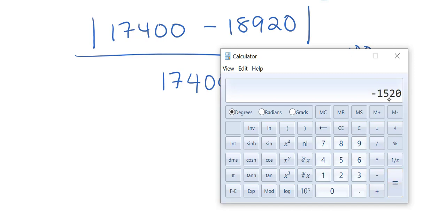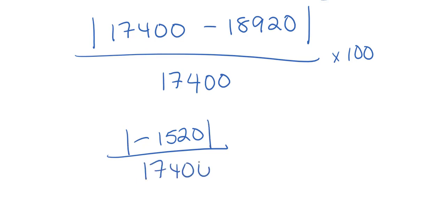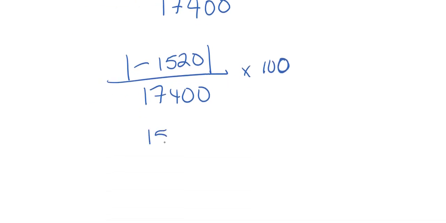So we get a negative answer, right? We get negative 1,520, which makes sense because it's an increase, so we should get it to be negative, but we're going to go ahead and make it positive. And the reason why we do that is because it has an absolute value, and so we get 1,520. Now it's positive over the 17,400.